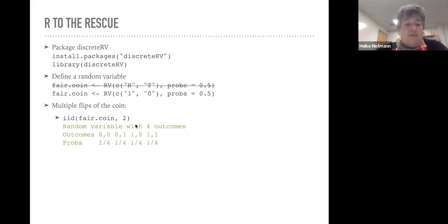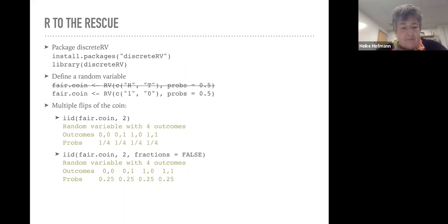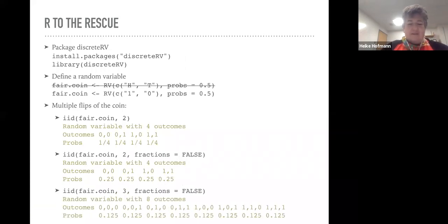So not only do we have a random variable, but we also have the probability mass function for that particular random variable, which means that if we want to have more flips, so here we're listing the fractions, we can set the fractions equal to false and just list the numbers.